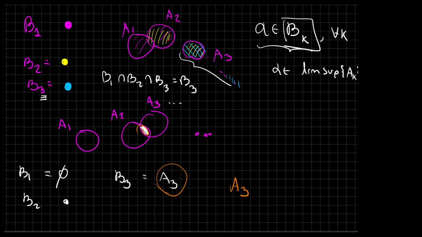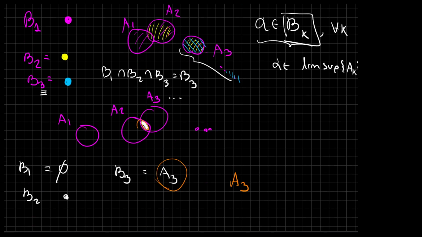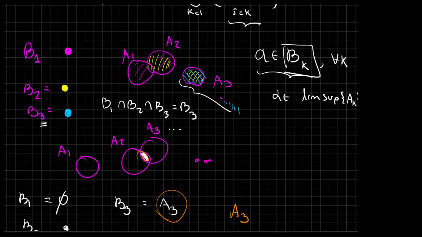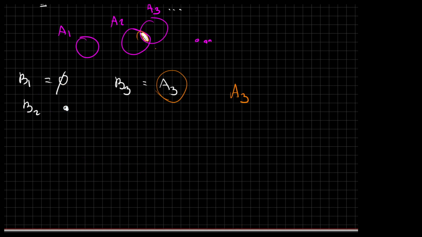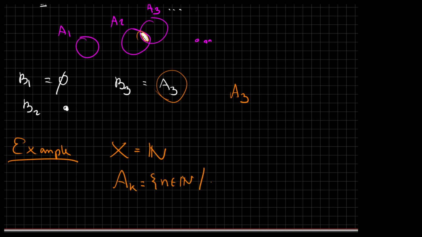So yeah, it's kind of interesting. And now we will work through an example, but a more formal one. So let's say that our space will be the natural numbers, and every A_k will be the set of natural numbers such that n is greater than or equal to k.